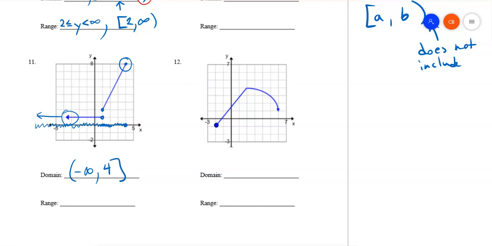And then for the range, you see the range is supposed to be the y values that are possible. And all along this first segment over here, all of these points have the same y value. They all have a y value of 1. And so only the y value of 1 is being contributed there.